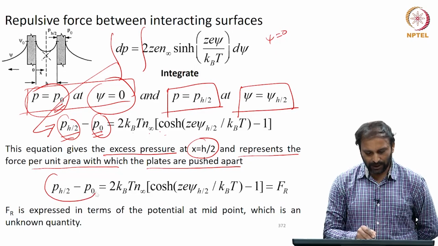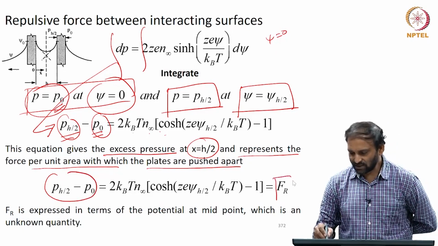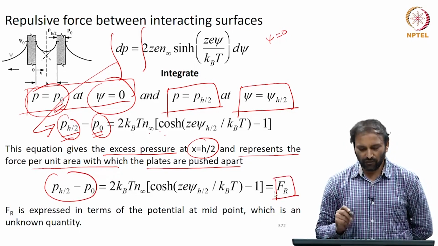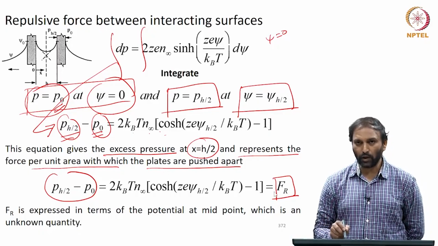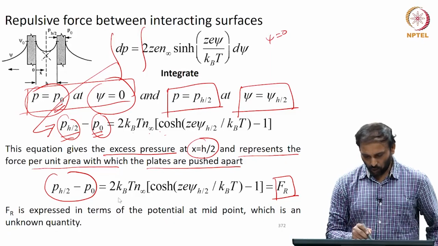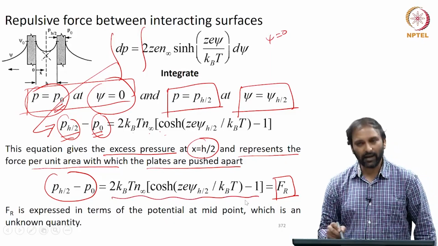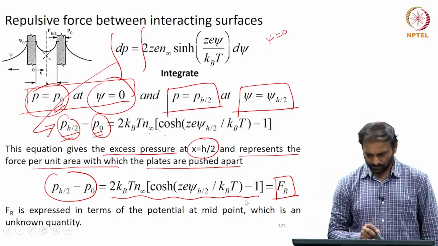Therefore, P h by 2 minus P naught essentially is Fr, that is the force of repulsion per unit area, and that is what is given by this. Okay.